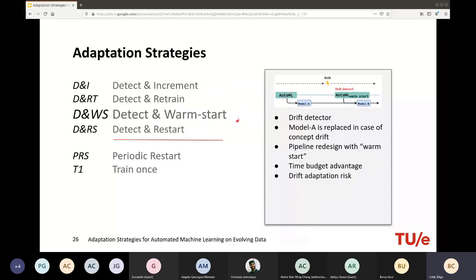The third one is detect and warm start, and here we restart the pipeline optimization when a drift is detected. But we restart the AutoML with a warm start, which initiates the search from the best earlier evaluated pipeline configurations.